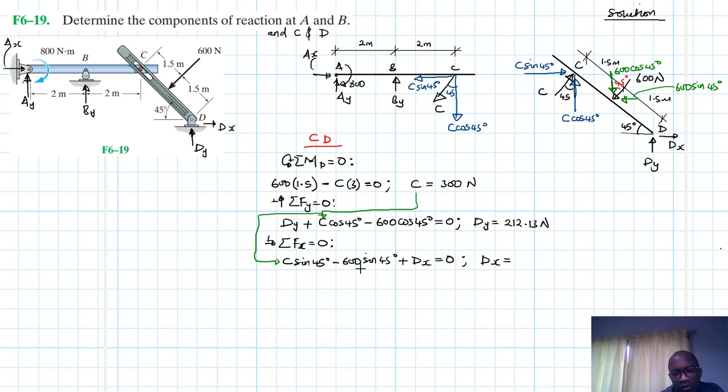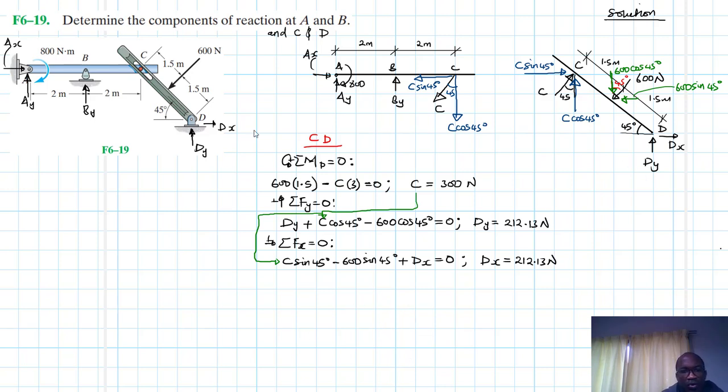Once we do, we'll find that we have 300 sine 45 minus 600 sine 45. So this we expect to be the same, because of the angle. Great. 212.13 newtons. Great. So we found those components.